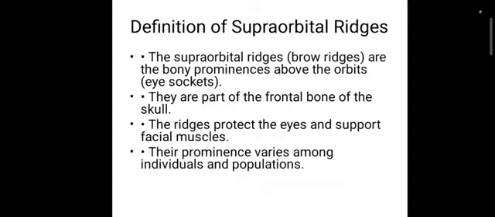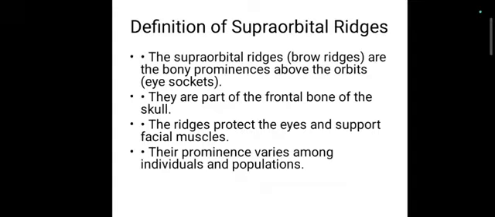These ridges protect the eye and support the facial muscles, and this especially varies among individuals and populations. So their prominence varies among individuals and populations, which makes it very easy for the identification of humans.